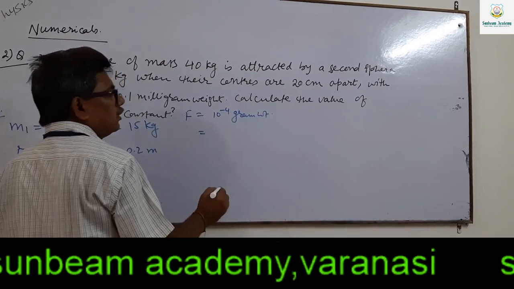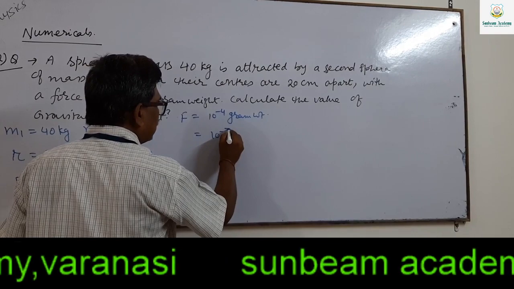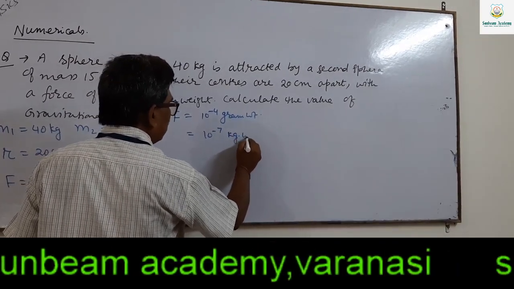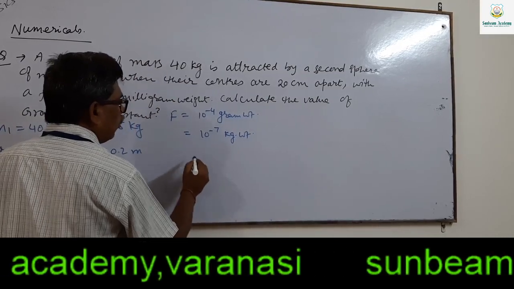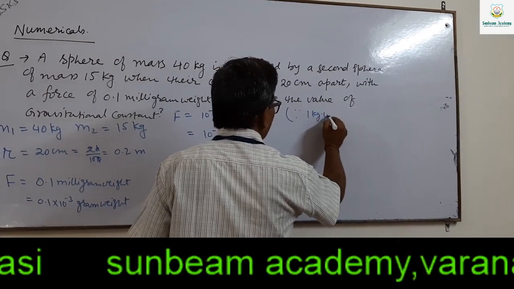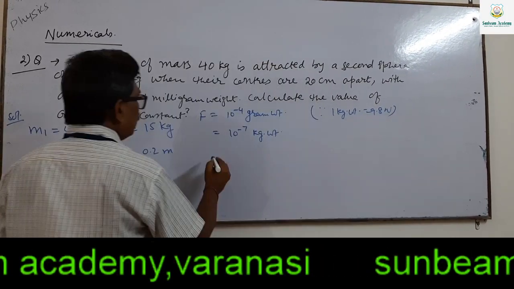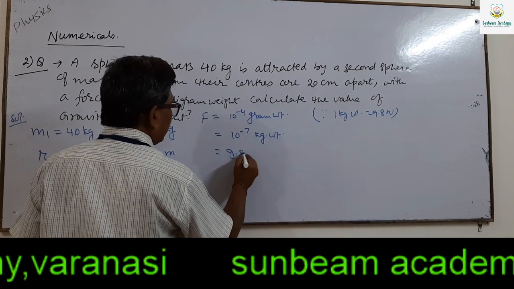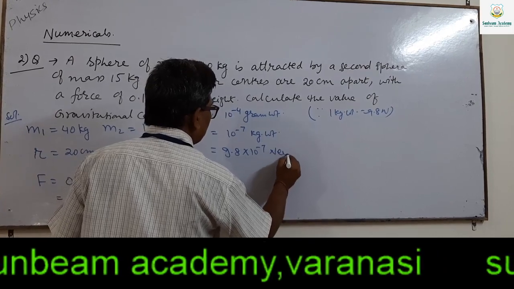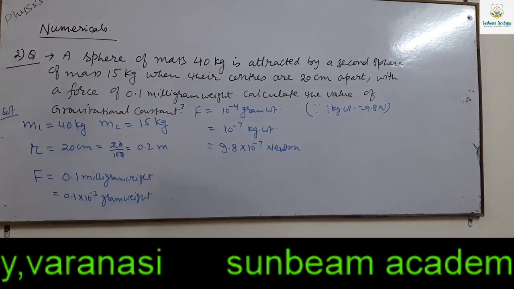Again we divide this by 1000, it will become 10 to the power minus 7 kg weight, and since you know that 1 kg weight is equal to 9.8 Newton, this will become 9.8 into 10 to the power minus 7 Newton. So F is given.